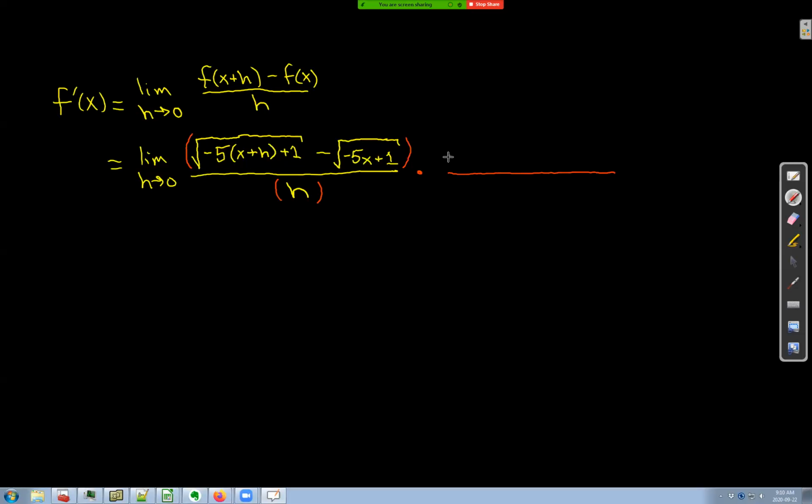So the conjugate is going to be the square root of negative 5 times x plus h plus 1, plus the square root of 5x plus 1.